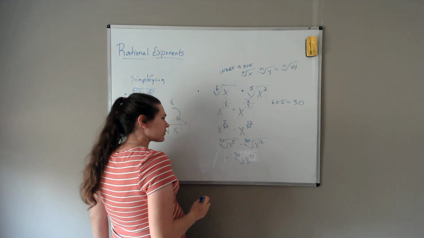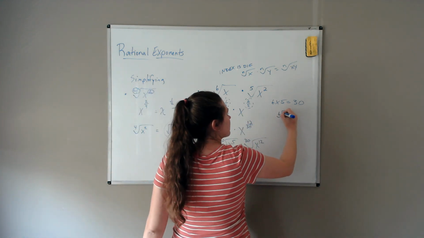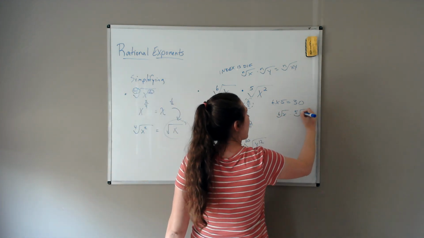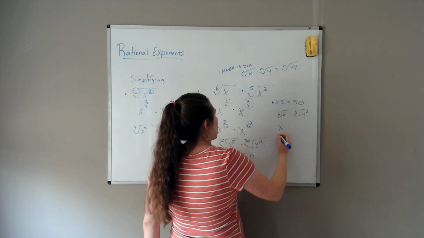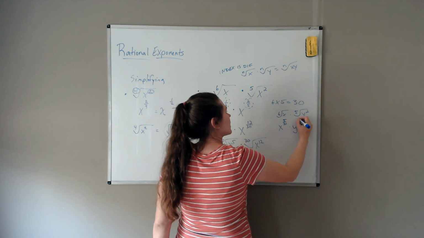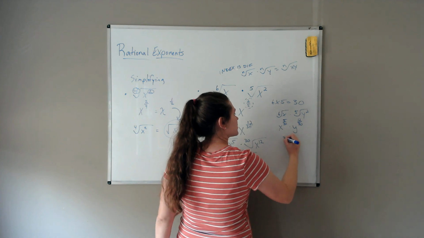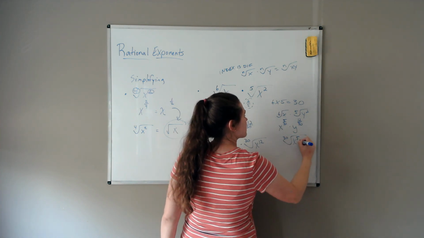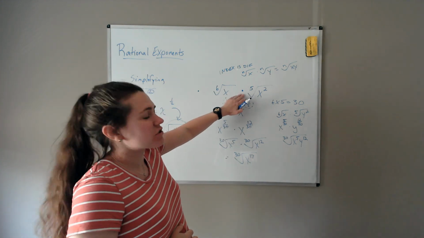Even if it was just the 6th root of x times the 5th root of y to the 2nd, this would be x to the 5/30ths times y to the 12/30ths, so now you can at least write it as the 30th root of x to the 5th, y to the 12th. So now you can multiply any two radicals together.